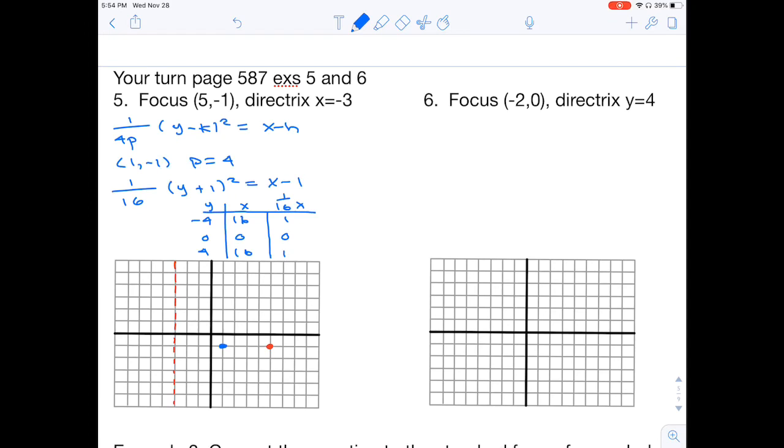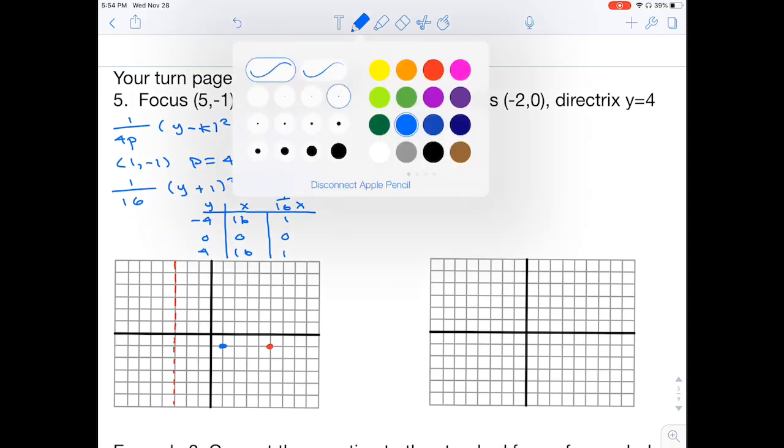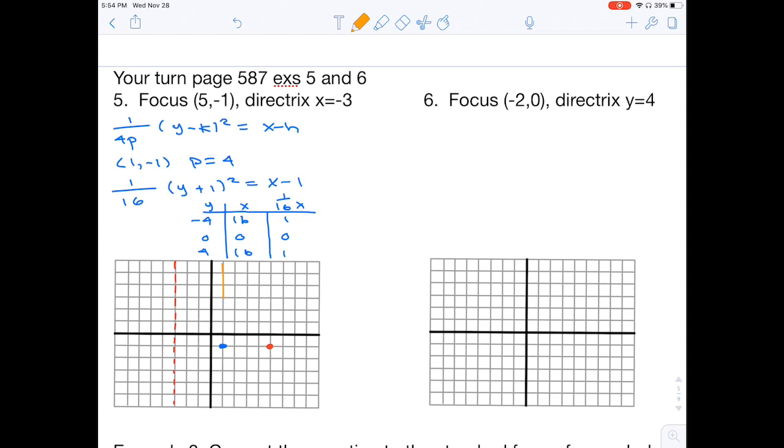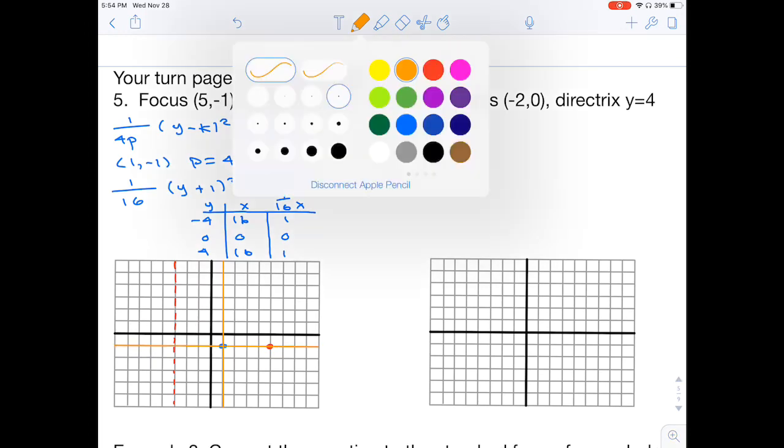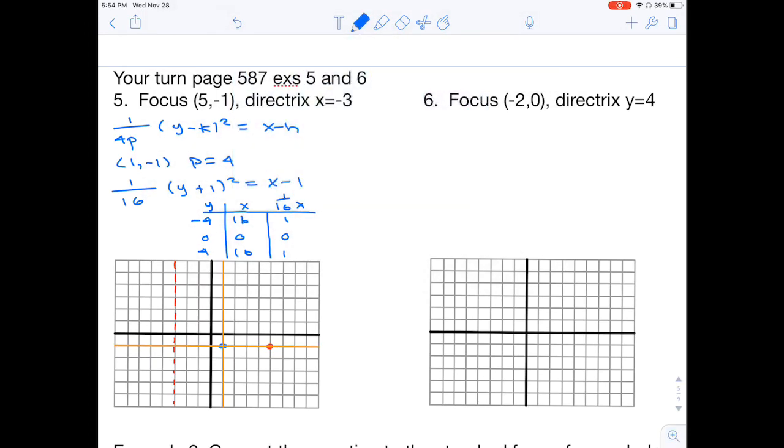So plotting those points. Now remember, as always, I'm going to make a coordinate grid with the origin being my translated vertex. So when I go to plot my points, it's going to be 0, 0 right here.